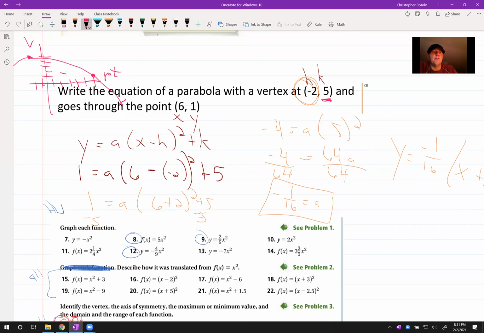Negative is definitely going to be happening, and I can do this just by looking at the y value. I'm trying to give you a lot today because I know you guys can handle it. So if my vertex is 5 and the point is 1, that means it has to be going down, which means I do expect this a value to be negative when I solve it. I'm trying to highlight it in so many different places, I hope that's not distracting you, but to show you that we want to make sure we have some of these major ideas in place.